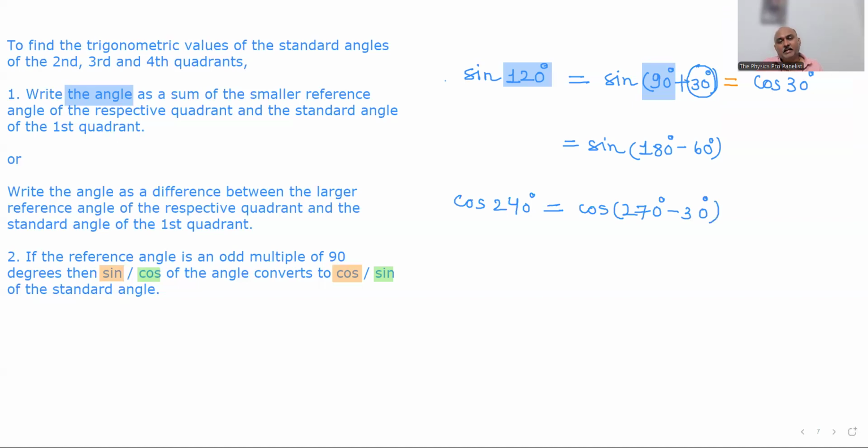Again, this is the reference angle, right? This is an odd multiple of 90. So when the reference angle is an odd multiple of 90, cos converts to sine of what? The standard angle, sine of 30 degrees. So cos 240 will have the same value as sine 30 degrees. Clear?